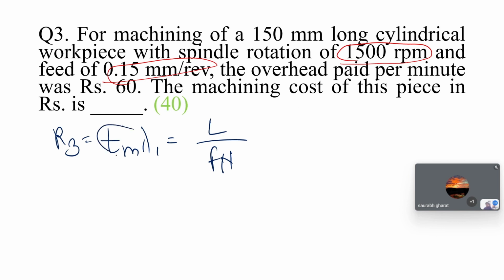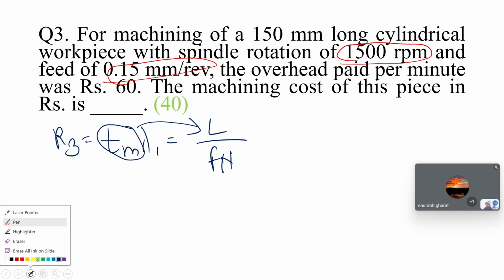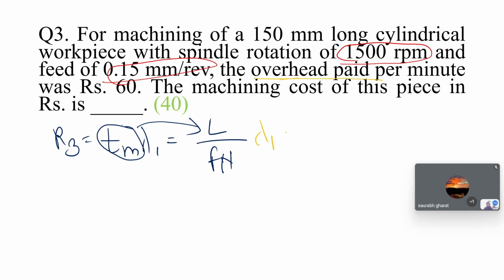This will be the machining cost, and you know the formula from your turning operations. It is the same formula you are using here, and after that you just need to multiply it by the overhead cost.